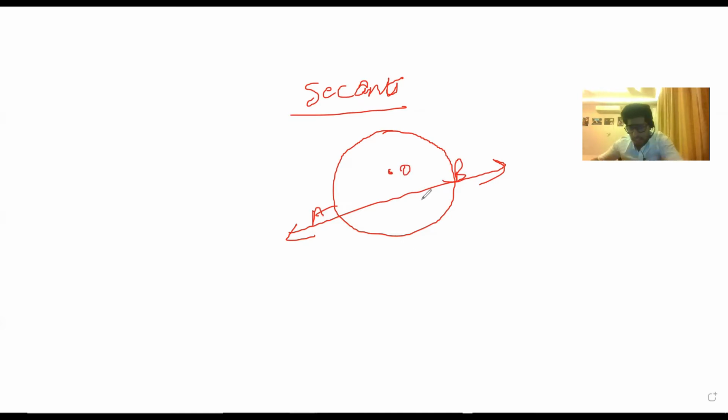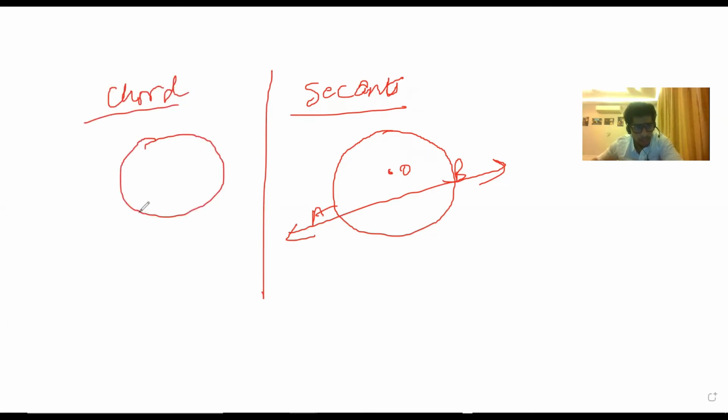A chord is a line segment. AB is a chord to the circle. A chord is a line segment, and a secant is not a line segment, it is a line. There's a difference between a line and a line segment. I hope you know that a line segment is finite and a line is infinite.